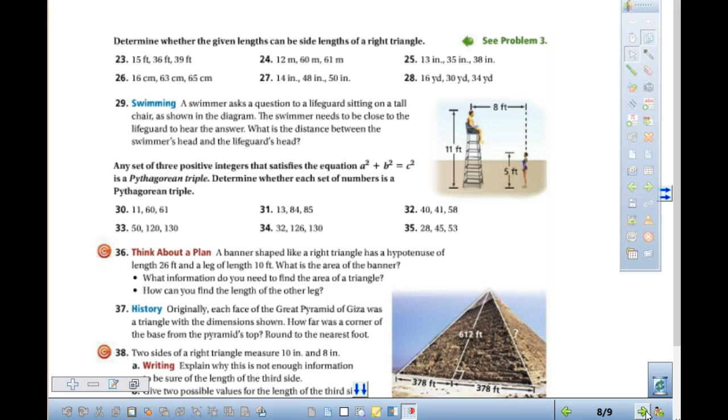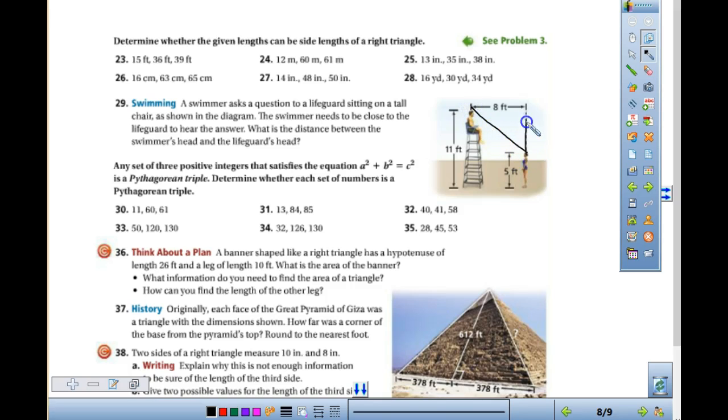I need to see the work, like 2 numbers squared equals a third, before you just put yes or no. When you take a look at this picture, it says, what is the distance between the swimmer's head and the lifeguard's head? Again, you are looking at this making a right triangle. We are going to take a homework quiz right now.